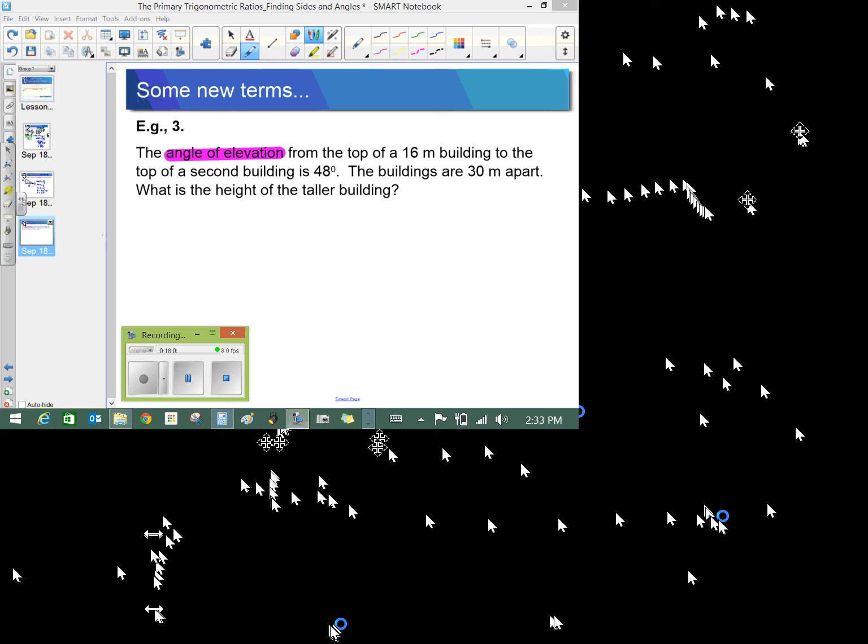An angle of elevation simply means that if you are at ground level, for instance, I'll just say this is the ground, and you're looking up to the top of a building, the top of a tree, anything, I'll just put in some little building over here, the side of a building. The angle that's formed with the ground to the top, this angle, right in here, is the angle of elevation. Okay, that's what that is.